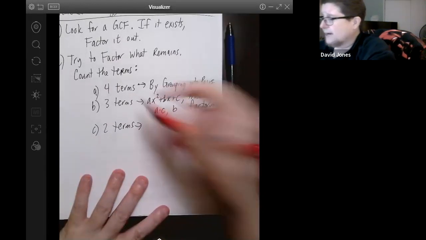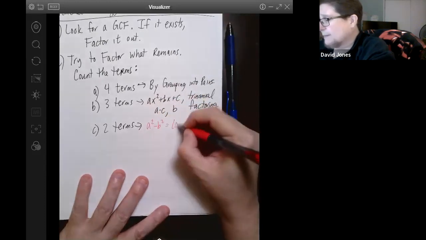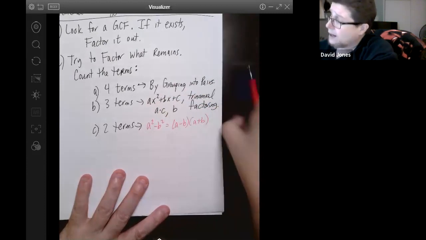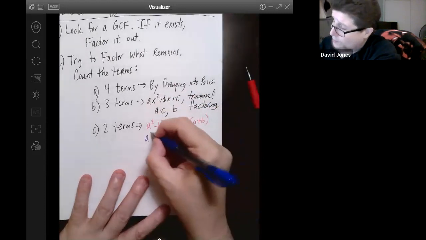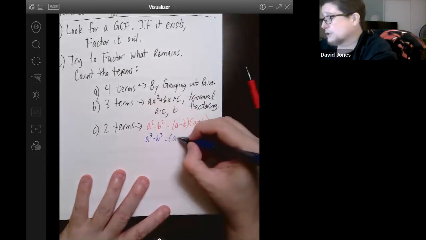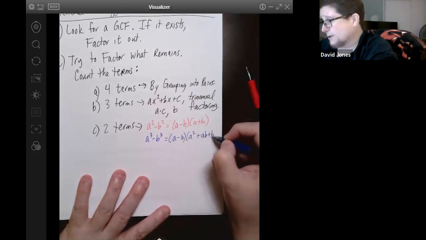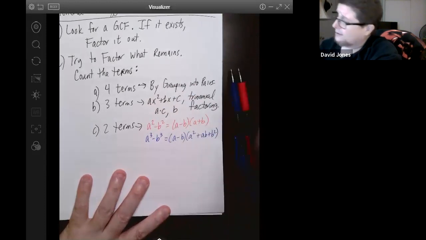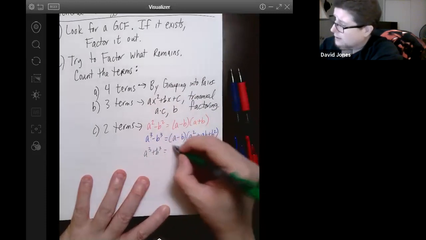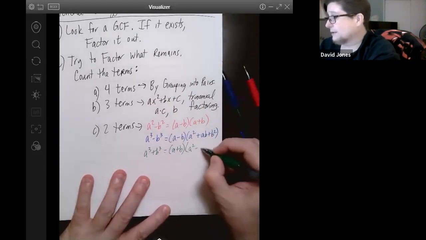We could have a squared minus b squared. That'll be a minus b, a plus b. I could have a cubed minus b cubed, and that's a minus b, a squared plus ab plus b squared. Or I could have a cubed plus b cubed, and that we have the plus in the first one and a minus in the second one.